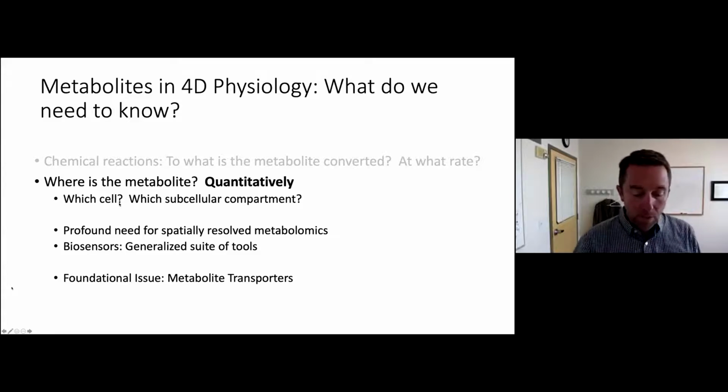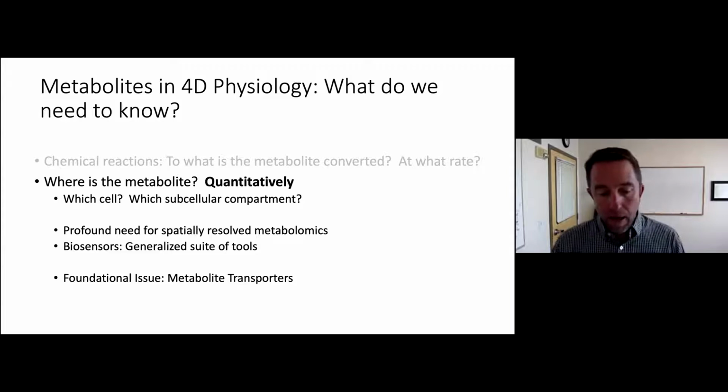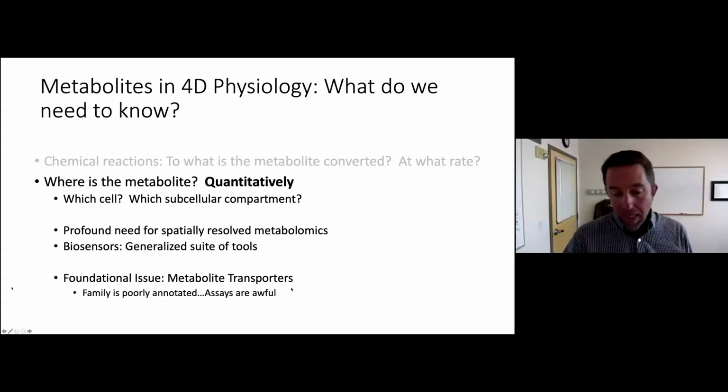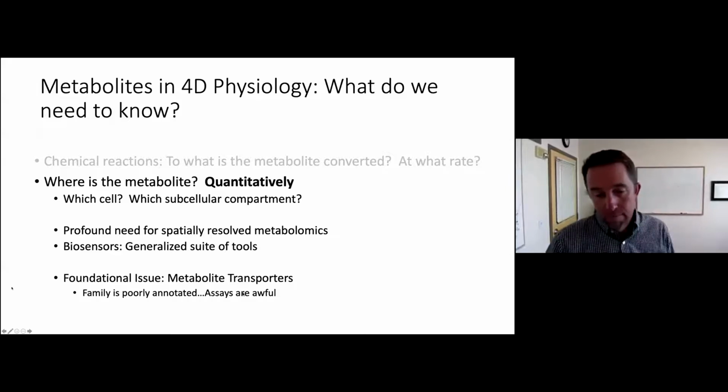And I believe that one of our major deficiencies in understanding metabolism physiologically is our profound lack of understanding about metabolite transporters. It's my view that this is probably the most poorly understood, poorly annotated family of proteins that act in metabolism. And that comes from the fact that the assays that we have are simply awful.